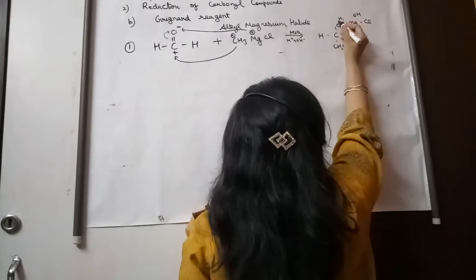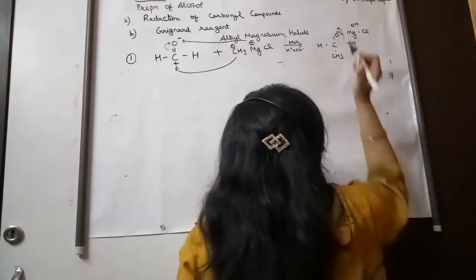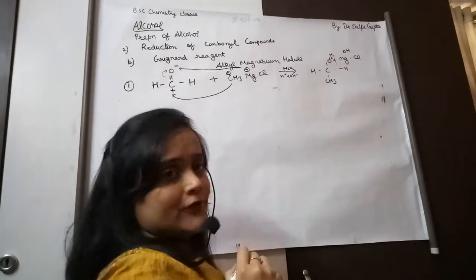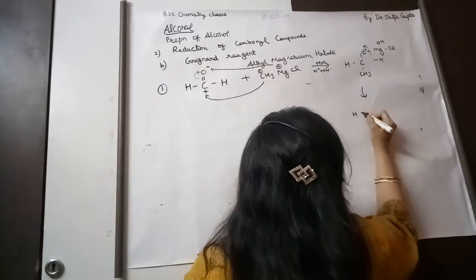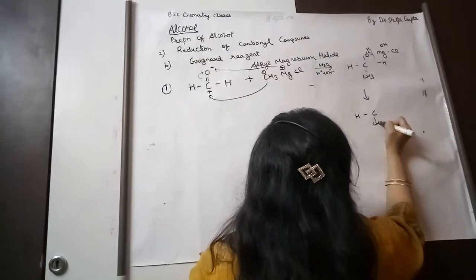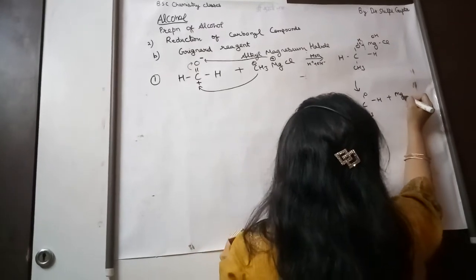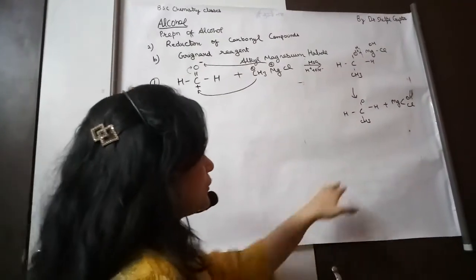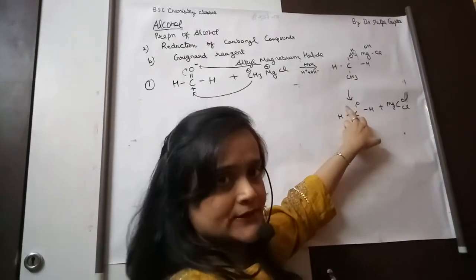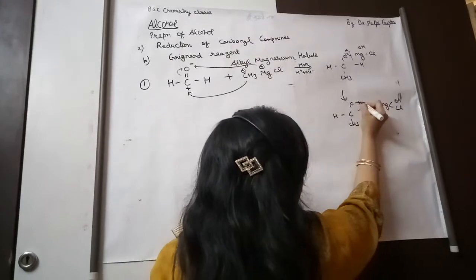But since it will share its electron with oxygen, hydrogen, it will again take the lone pair of electrons from this bond and will break down. So what will form? MgOHCl. It will break down like this. So what is formed? CH3CH2OH. This is CH3CH2OH.